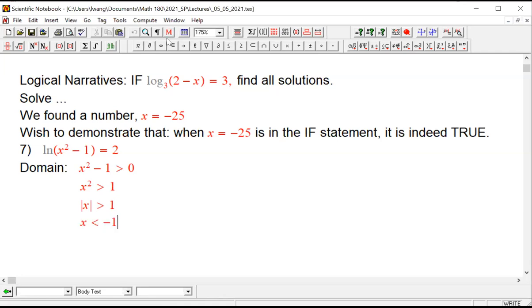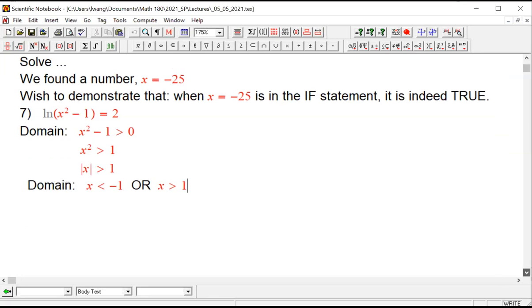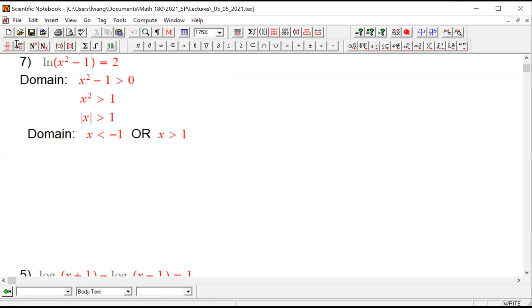So x is less than -1, or x is larger than 1. That's the domain. And then we're going to solve the equation.